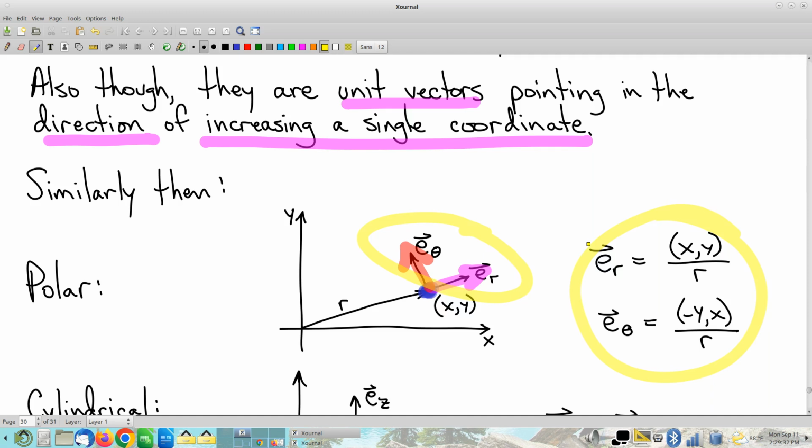I'm not convinced that the red one over there is going to be a standard unit vector for the angle, because it seems as though if you continue in that direction, your r is shifting as well. Yes, it does. But again, keep in mind, we're not continuing in that direction, right? So I just want to know at this point specifically. If you want to talk about some other point over here, well, yeah, this vector will change. It'll be different, right?